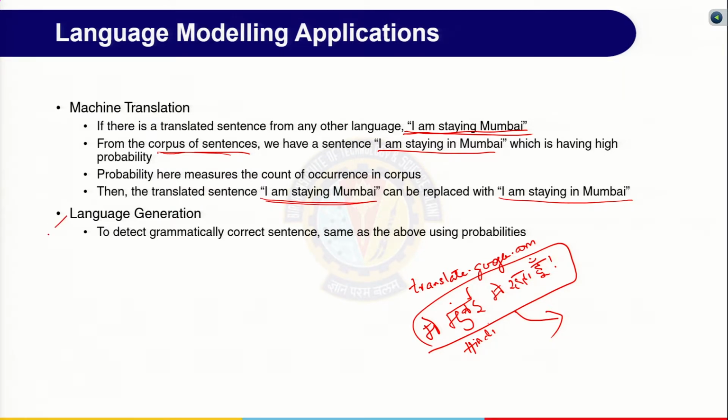That is one. The other application is a language generation, which is nothing but we detect grammatically correct sentence, same as above using probabilities. We can also generate languages, or let's say I have typed I am staying. We can also generate such kind of sentences altogether using language model.